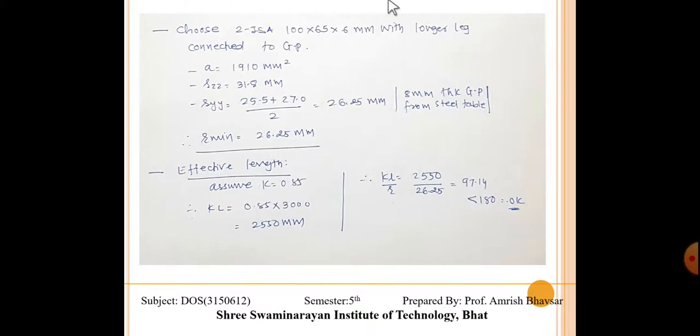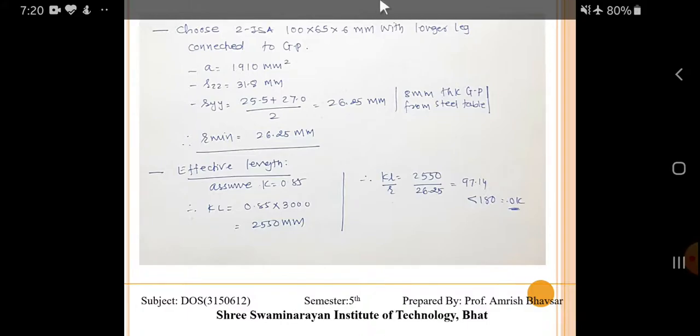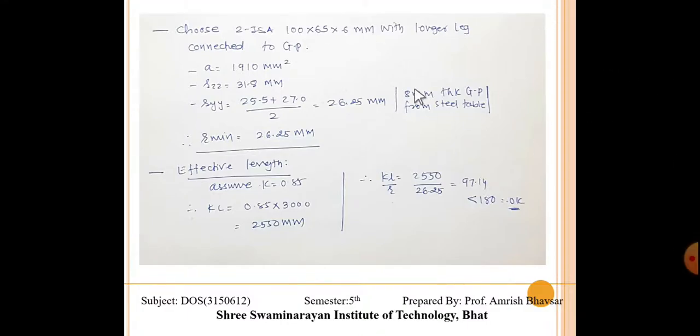So from here we will get all the data from the steel table. So effective length must be calculated on the basis of IS 800, and K is equal to 0.85 for a double angle. So KL is equal to 2550 mm. Now KL upon R is 97, which is less than 180, that we know, given on page number 20 of IS 800 2007.